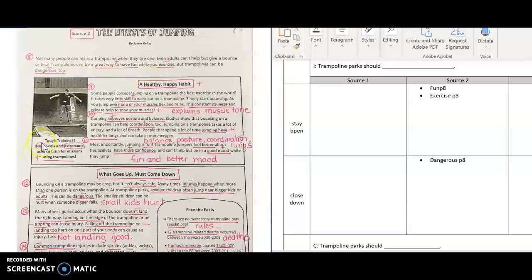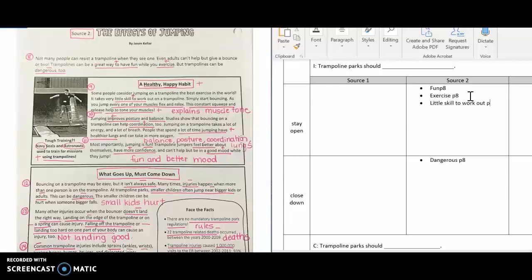Now we're going to continue right here into paragraph 9. So we know that this entire box of text supports mostly the positives, right? And that even reinforced that idea with this heading, a healthy, happy habit. So in paragraph 9, some of the ideas that we discussed were that it takes very little skill to work out. So let's add that to our matrix. Little skill to work out.